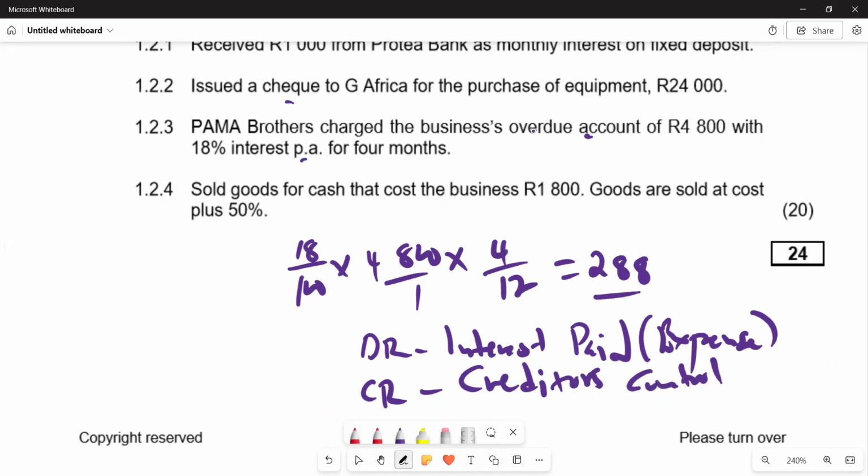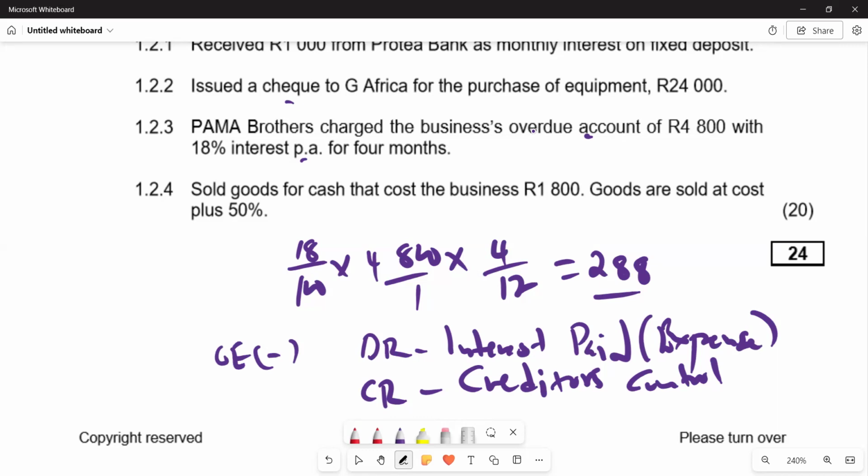So basically, now when you debit the interest paid, it's an expense and it's going to be charged in the income statement under operating expenses. And then we are going to have a decrease of the net profit. And whenever you have a decrease of net profit, it means the owner's equity also is going to decrease. So we are going to have owner's equity having a minus. And then on creditors, remember, creditors is a current liability.